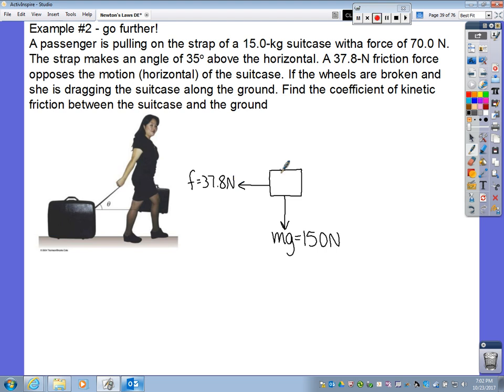We've got normal force. We've got the tension, and I'm going to draw Tx, which is 57.3 newtons, and Ty, which is 40.2 newtons.